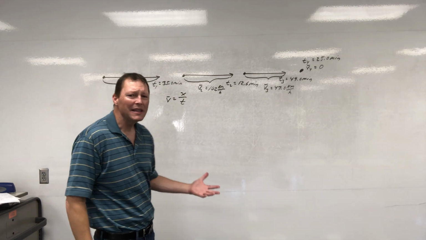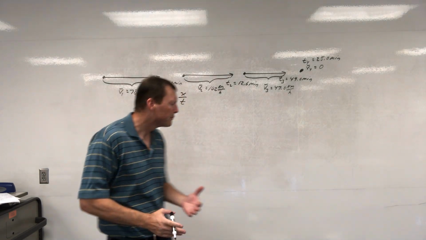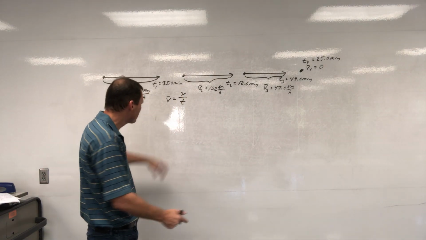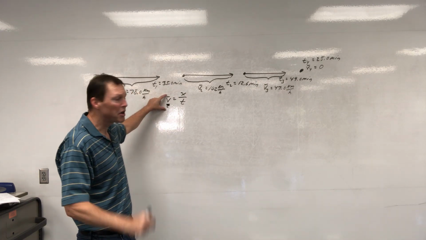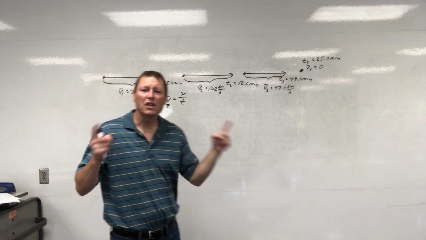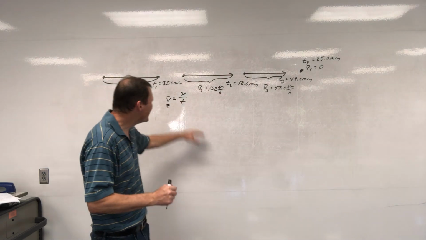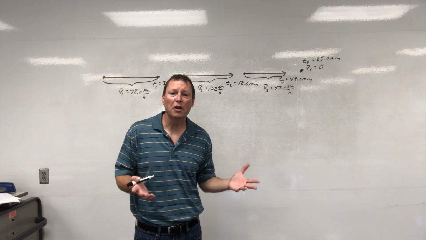And I want to find the average velocity for the entire trip. So I need to find the displacement for the entire trip, and then divide that by the total time for the entire trip.